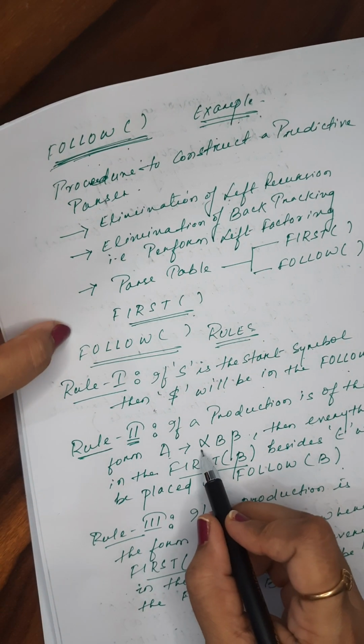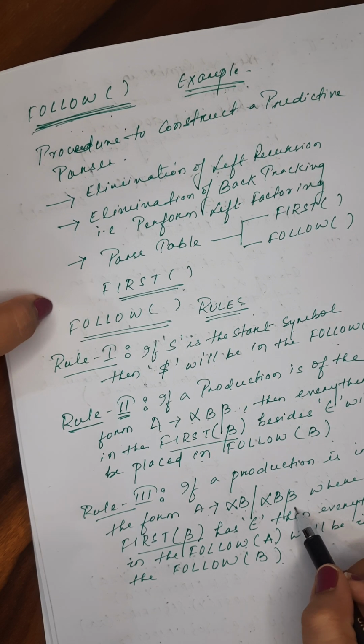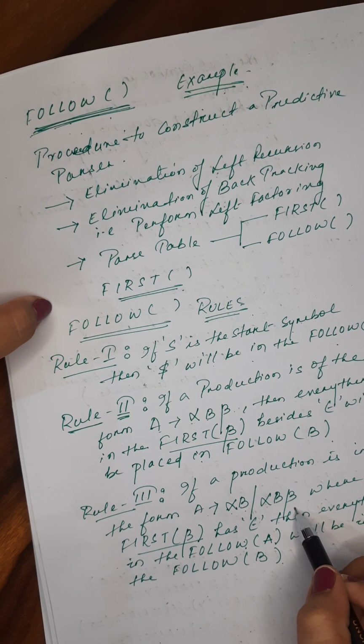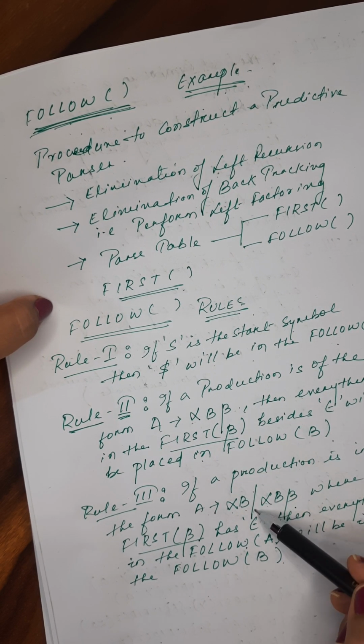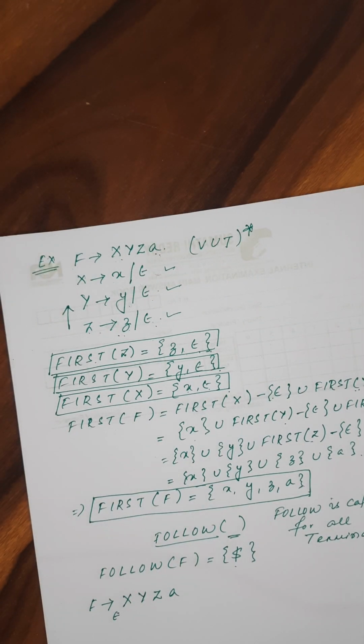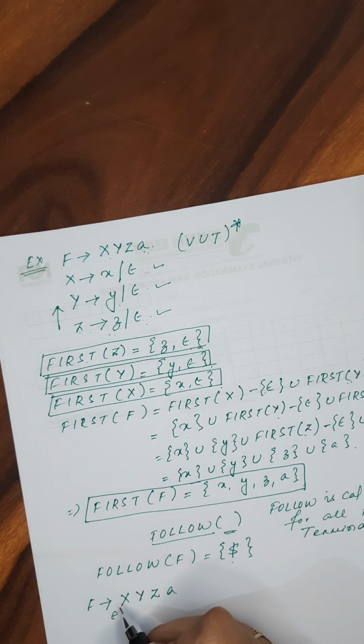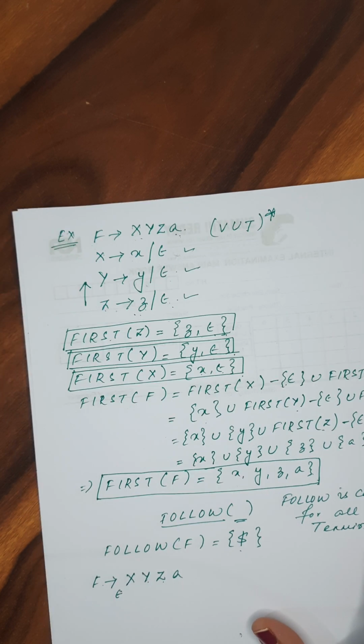See the production, rule number 2 and rule number 3: A tends to alpha B beta, A tends to alpha B, or alpha B beta. Now, we have to check whether it is in this form or not. If any of the forms is satisfied, then we can apply the rule. As I told you, follow is calculated for all non-terminals, so we have to calculate for X, Y, Z and F. So, we have to shuffle the rules and check.